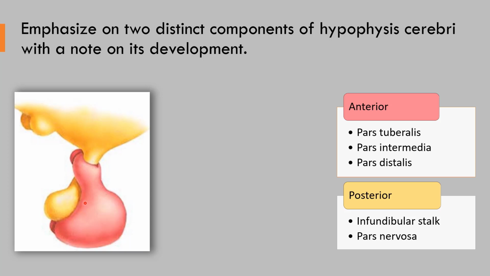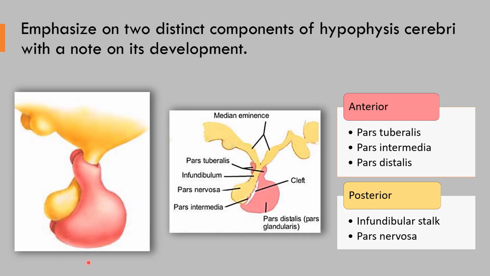The posterior pituitary has the infundibular stalk, this one, which is communicated above with the hypothalamus, and a lower expanded part, pars nervosa or pars posterior. In a sagittal section of the gland, we can observe all these things again.